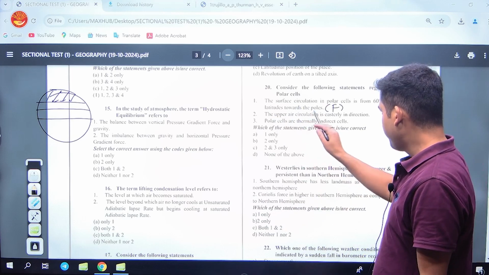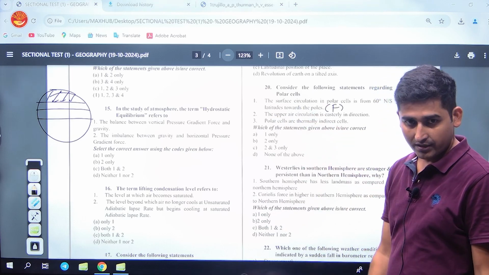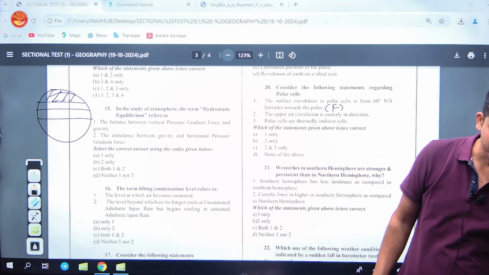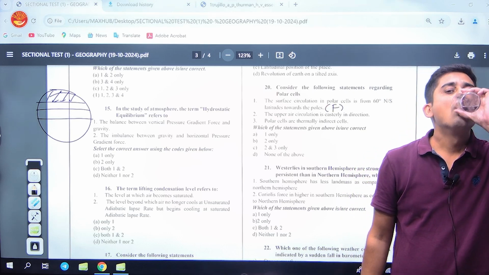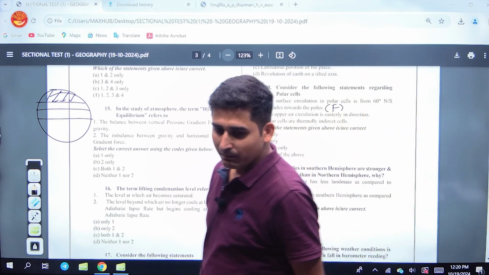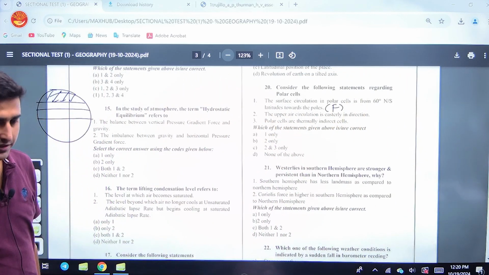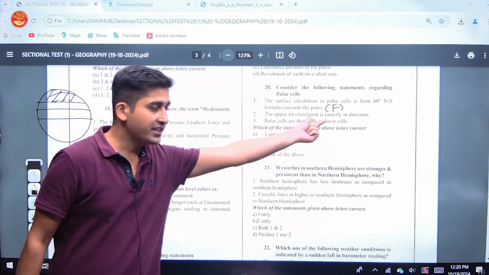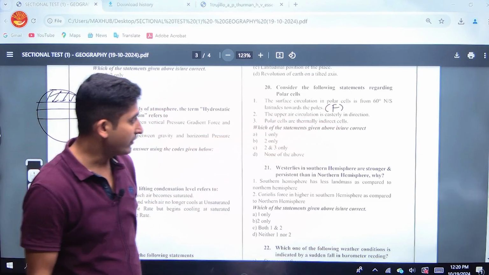The upper air circulation is easterly in direction. In the polar cells, the upper air circulation is easterly in direction. You tell me, it is false.